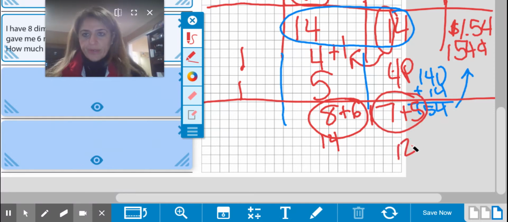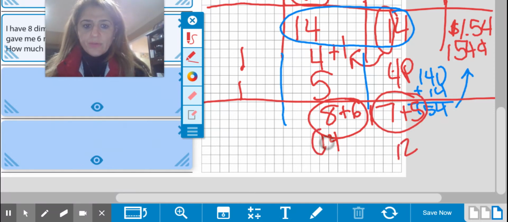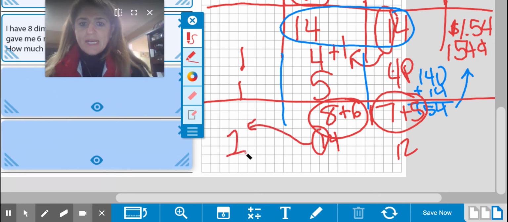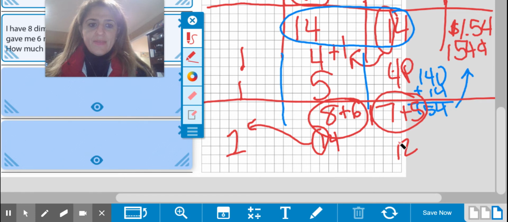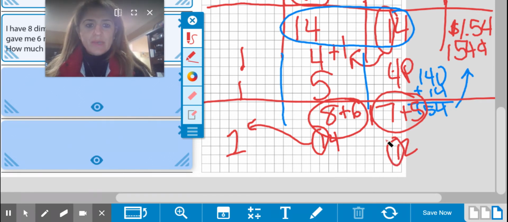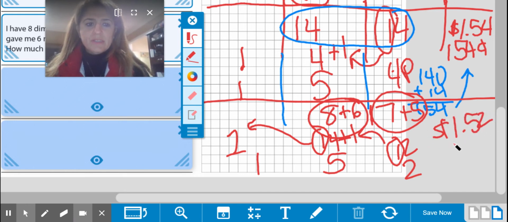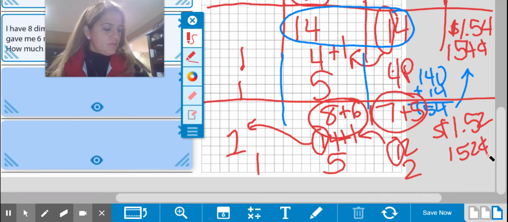We already know we have to regroup. We have to regroup these 10 dimes, that's going to make us $1. And then these 10 pennies, we got to give it to the dime section. So now we have $1, 5 dimes, 2 pennies, which is $1.52 or 152 cents. So far, so good.